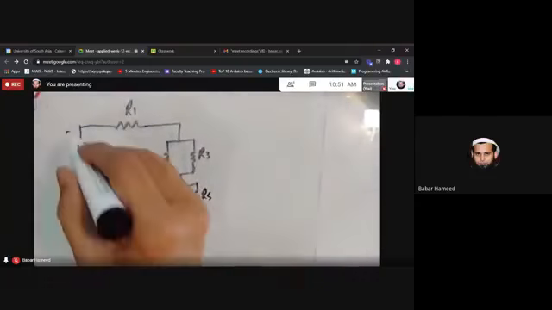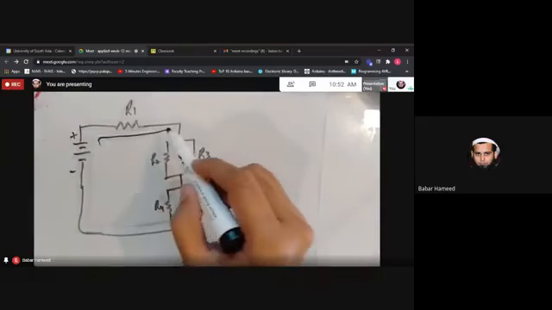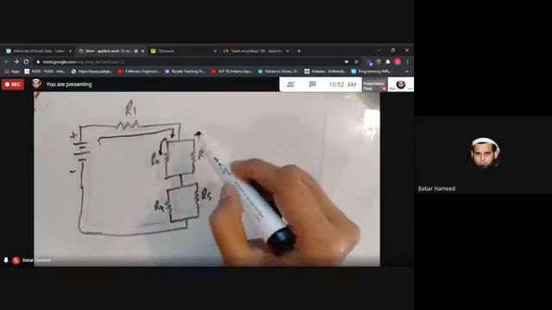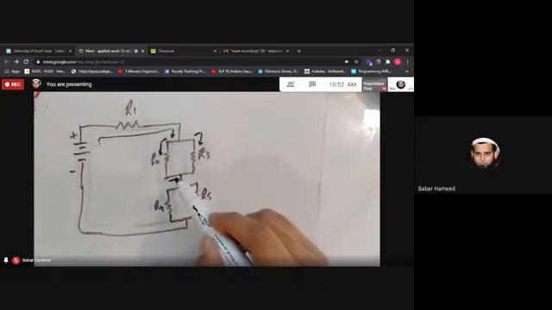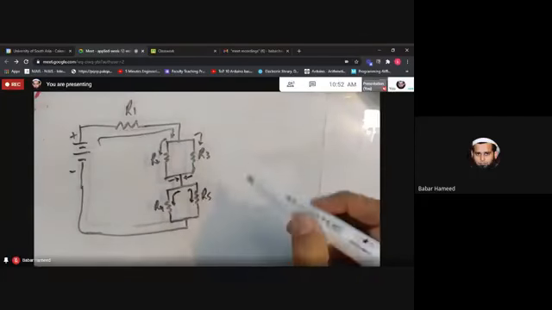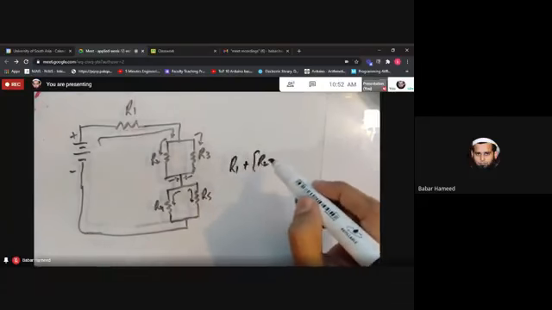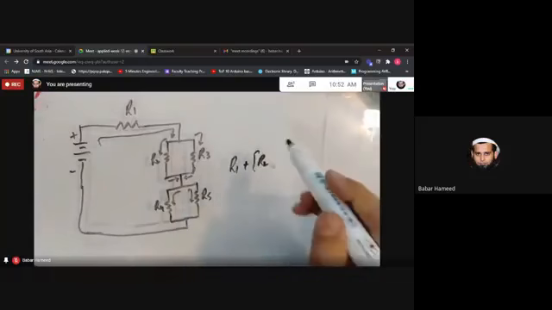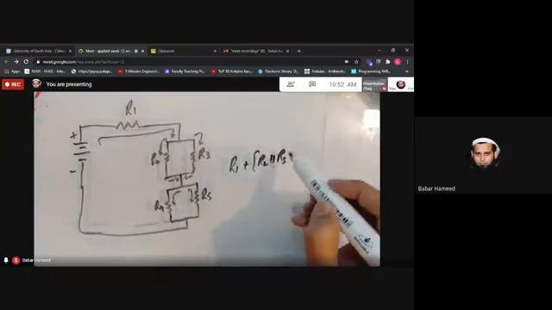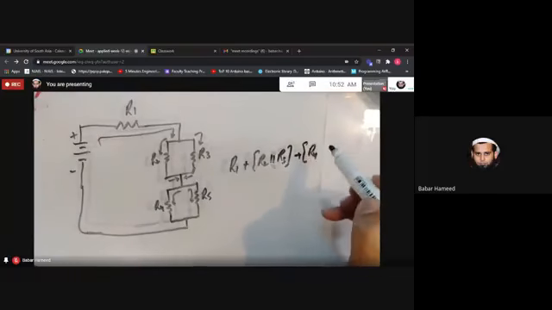So current is flowing this way, combines here and again splits here. So R1 is in series with the parallel combination of R2 and R3 and in series with the parallel combination of R4 and R5.